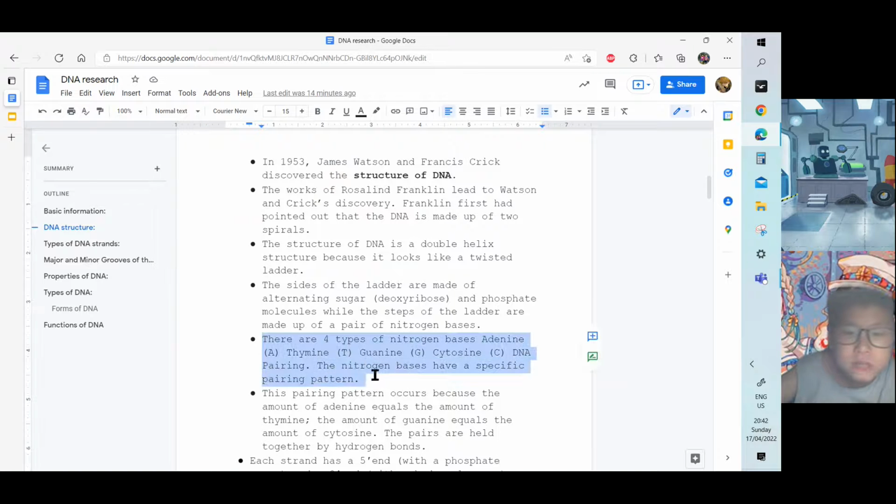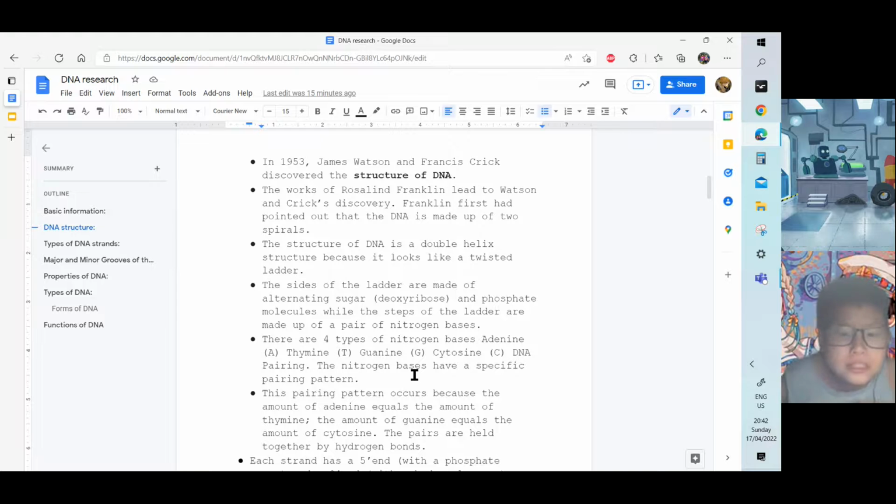There are four types of nitrogen bases: adenine, shortly called A, thymine, shortly called T, guanine, shortly called G, and cytosine, shortly called C. This is the DNA pairing.